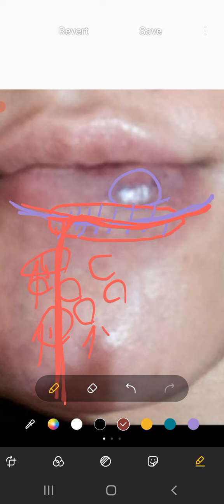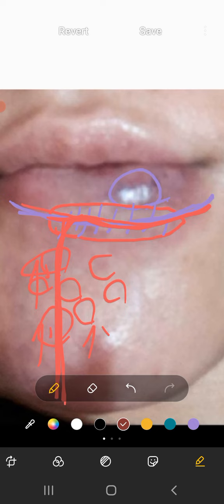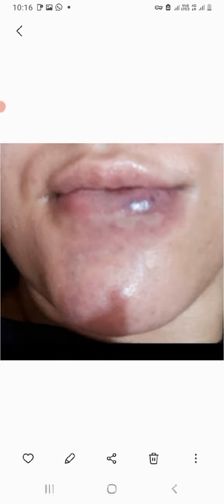The first pattern after any occlusion is immediately a pale area, then mottling, and then the necrosis process and ischemia will continue that may end to tissue damage. In this patient, we have seen all these three patterns.